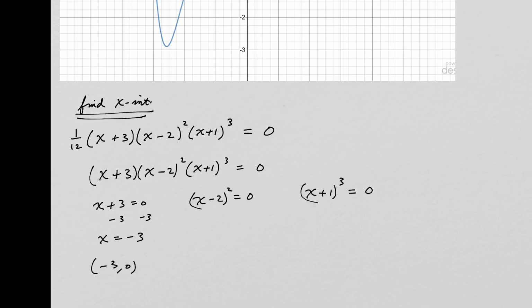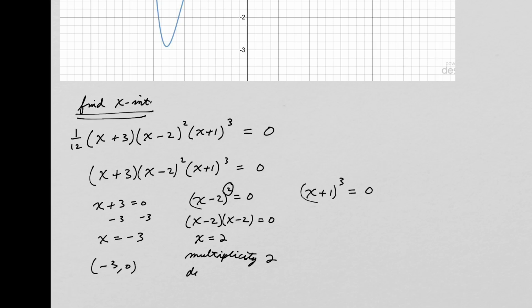The second one, if you're being careful here, right? Remember, this means x minus 2 times x minus 2 equals 0. So both of these are going to give you the solution x equals 2. Because it appears twice, right? Because of this exponent here, what we say is this has multiplicity two.